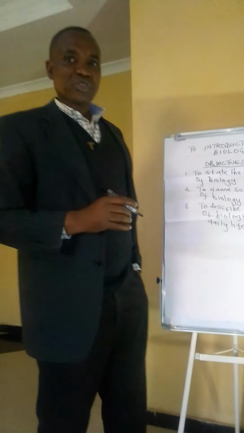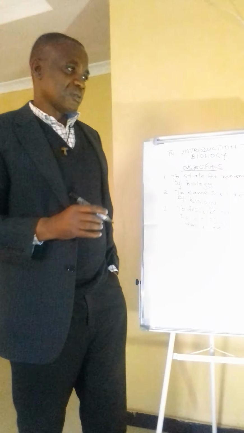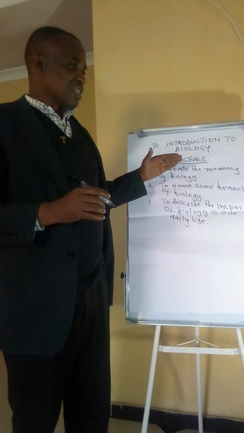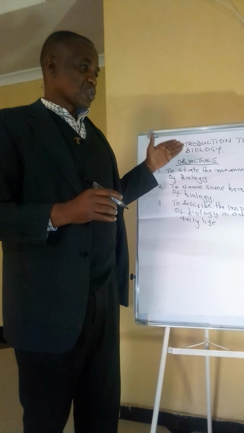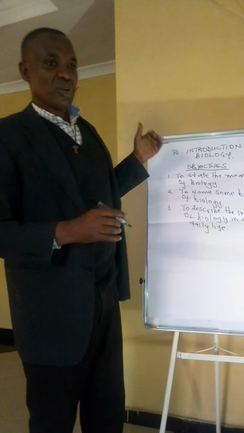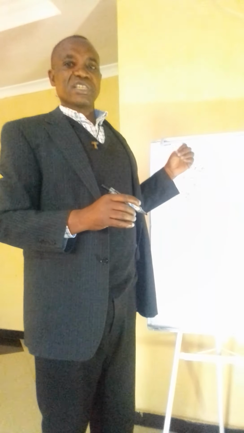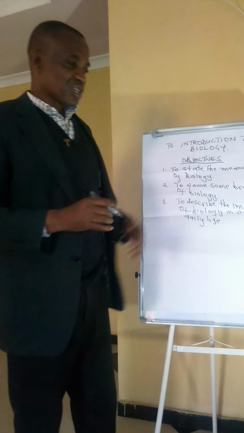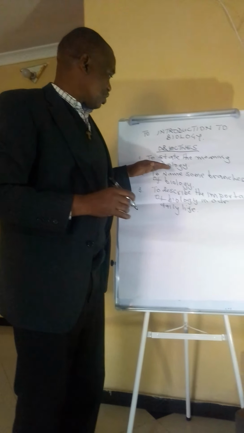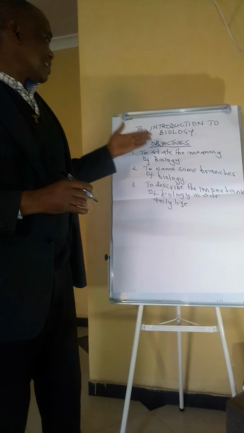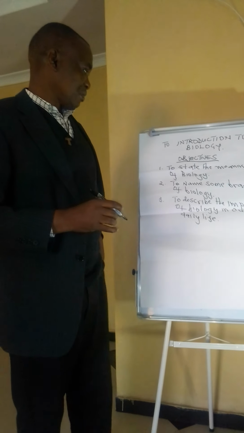Now, when it comes to the first objective, let me just remind you, especially grade 12 school leavers, if your teachers give you objectives, those objectives are the ones that can be transformed into questions. This objective can be changed into a question that says, state the meaning of biology.